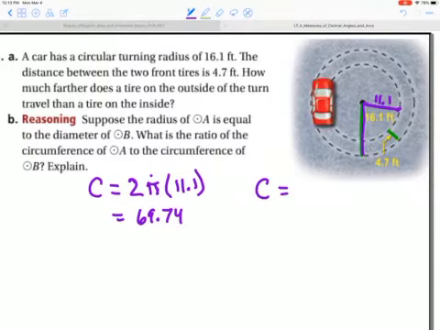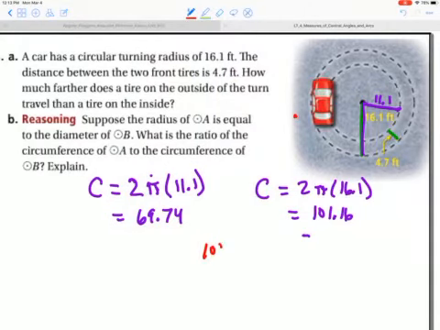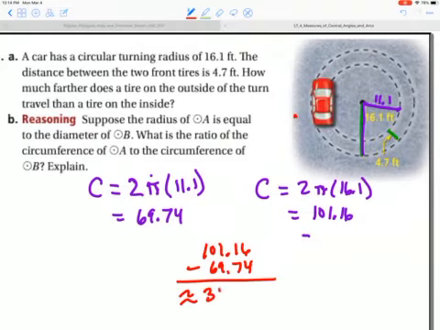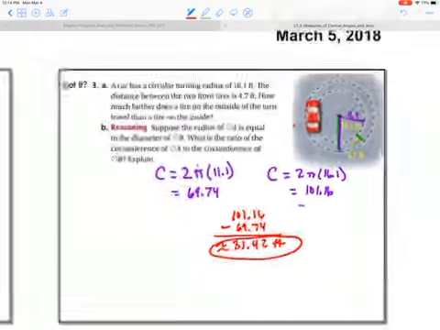And then a tire on the outside will have a circumference of 2 pi times 16.1, which is going to give me 101.16. And when I subtract these two, 101.16 minus 69.74, I get about 31.42 feet. Wow, that's longer than I thought. So a tire on the outside is traveling 31.42 feet more than the inside.